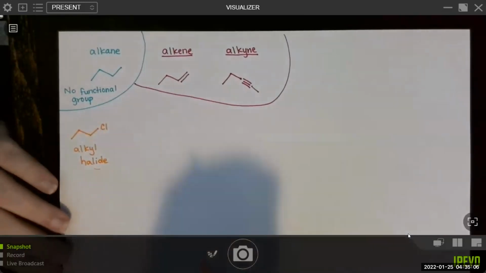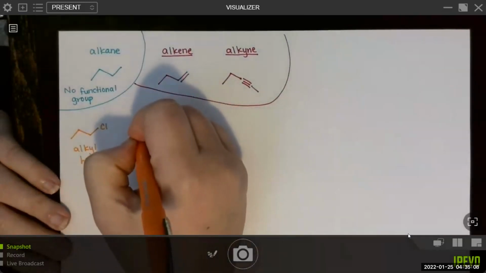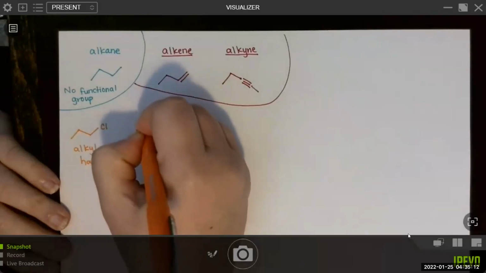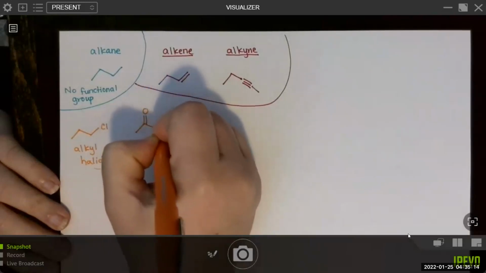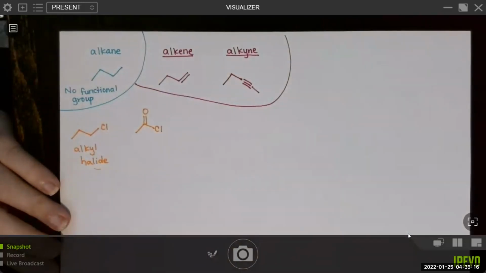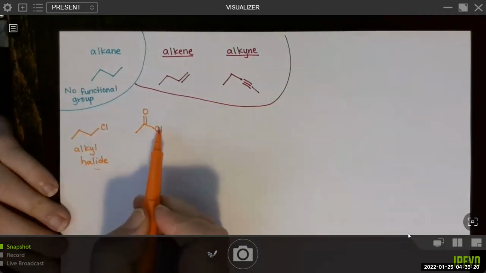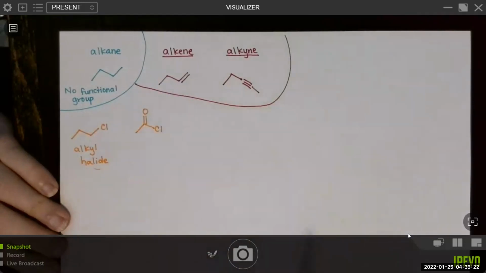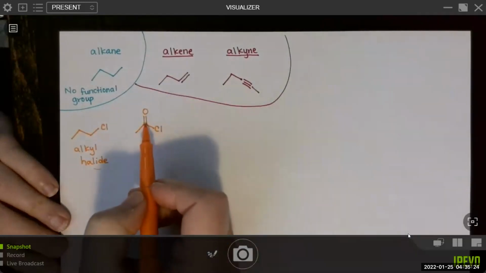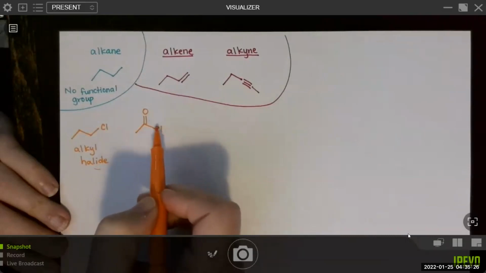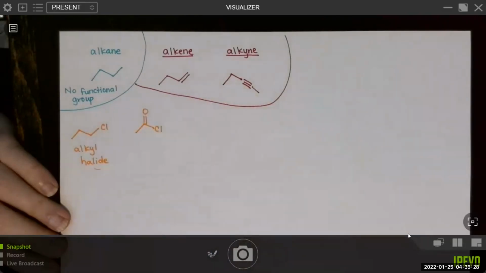Now let's do a similar one. What if we had a structure like this? This seems like it's going to be an alkyl halide because there's a carbon attached to a halogen. However, the carbon that's attached to the halogen is also double bonded to an oxygen.